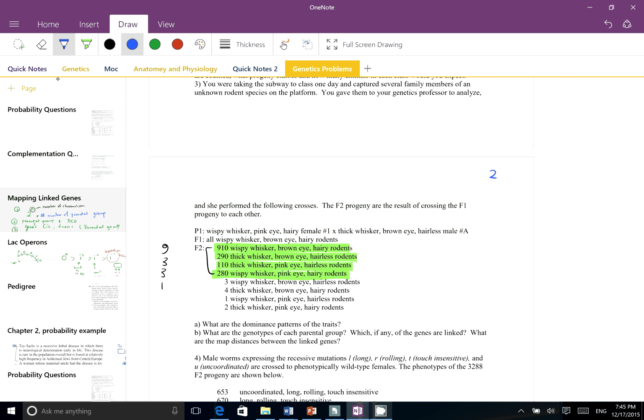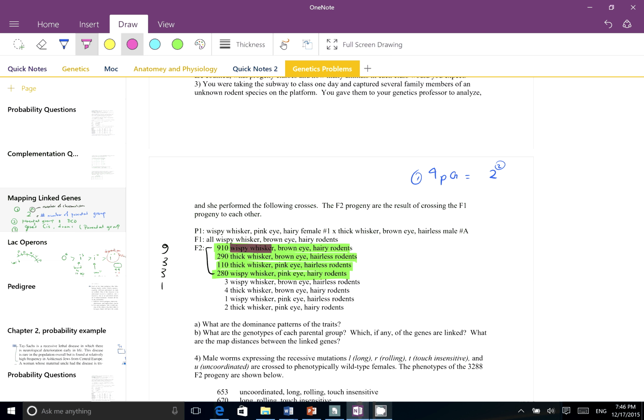I have 4 parental groups, which means 2 to the power 2, which means I'm working with 2 chromosomes, just confirming that case. And then, just by looking at the parental groups, you will notice something. You will notice the ones that keep traveling with each other.